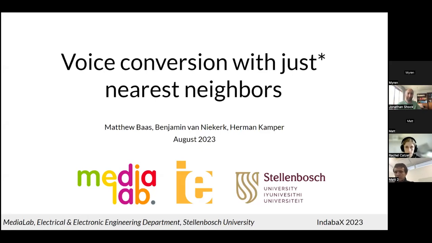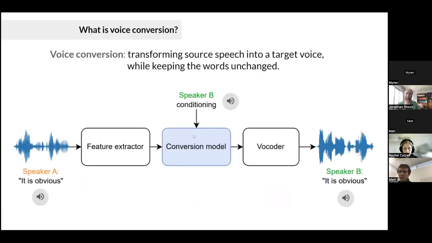Cool. Yeah, so I'm just going to go over some of the recent work we presented at Interspeech last week, and at DARPA-X earlier. Essentially, it's just a simple way to do voice conversion that has some fun applications. Voice conversion, for those of you that don't know, is when we want to convert a recording of someone so that it sounds like someone else is speaking, but the words spoken must stay the same.